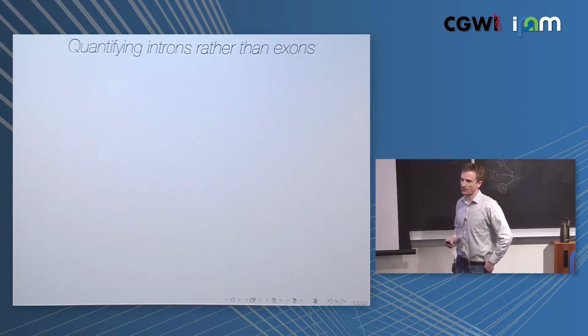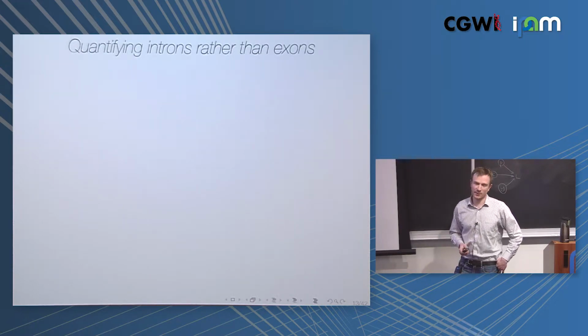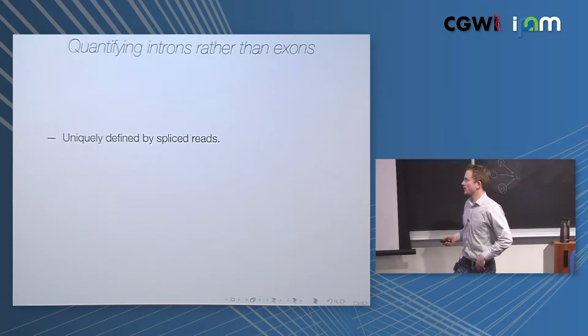And this is to quantify the level of intron use instead of exon use. It sounds like a really simple change, and in many ways it is, but it comes with various conceptual and computational advantages. So the biggest really is that introns are uniquely defined by splice reads. If you observe a splice read, you know exactly what was cut out of the precursor messenger RNA. So that directly defines the unit that you're going to quantify.